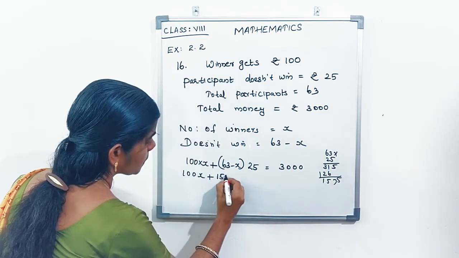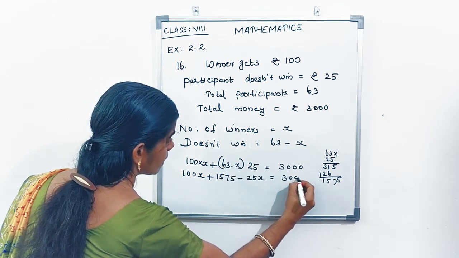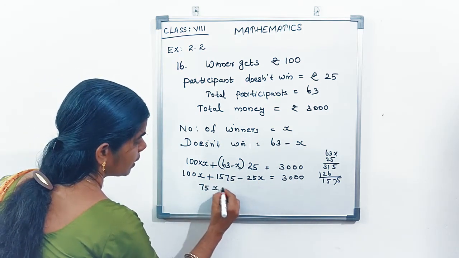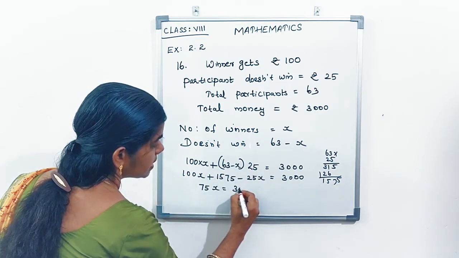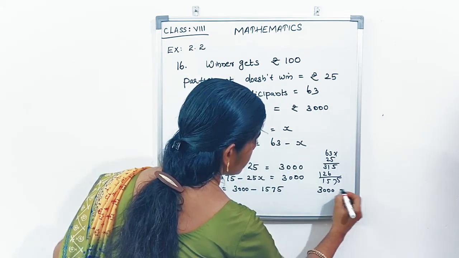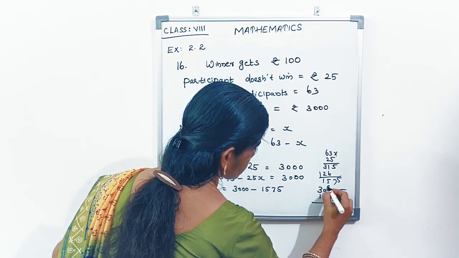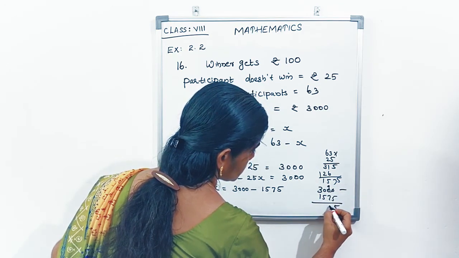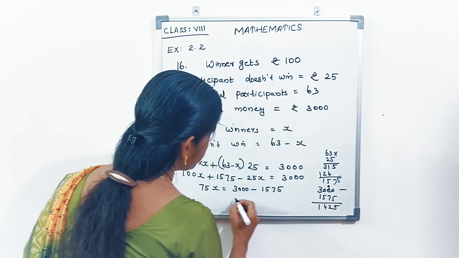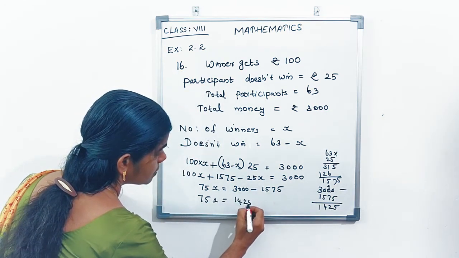1575 minus x into 25 means 25x, is equal to 3000. Then 100x minus 25x means 75x is equal to, taking this to the right side, 3000 minus 1575. Then 3000 minus 1575 is 1425. 75x is equal to 1425.